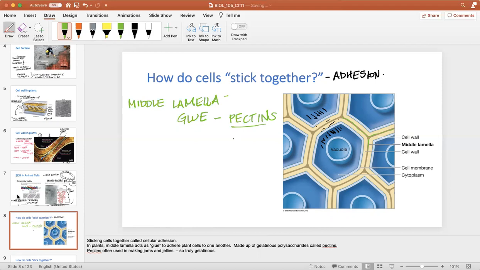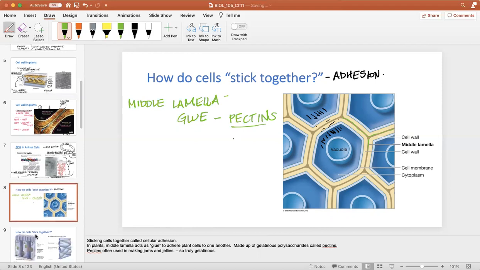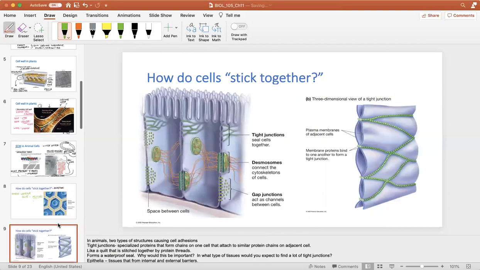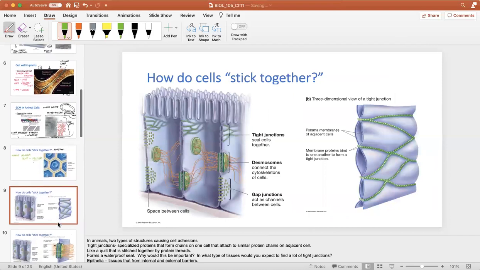Now, let's see what I want to say to you. Okay, now we're talking about animal cells and how they stick together. It turns out that it's a little more complex, okay? So they have some actual features that help anchor cells to one another, okay?